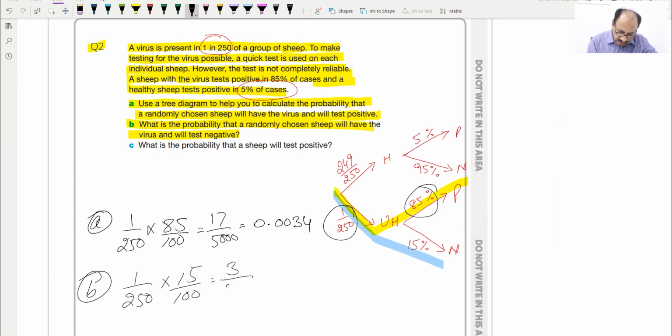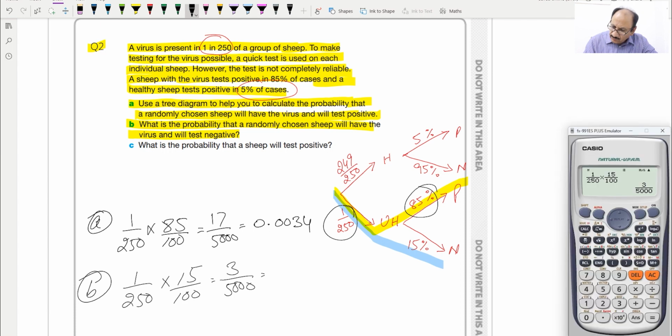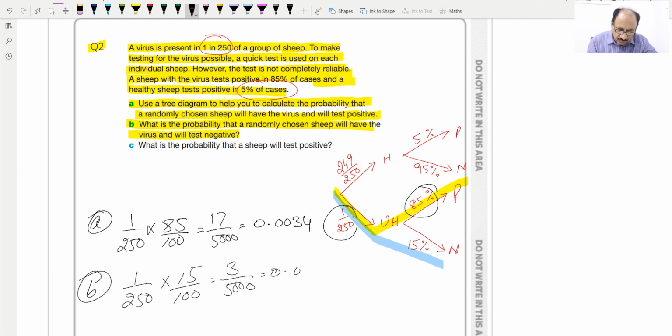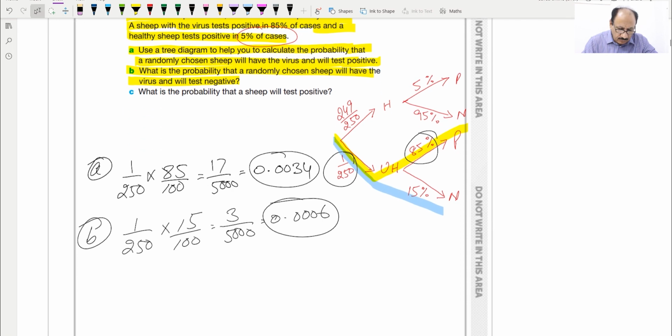In decimal this is 6 into 10 to the minus 4, in scientific format, or 0.0006. This is A part, this is B part.